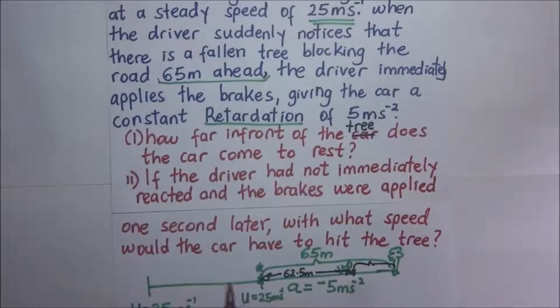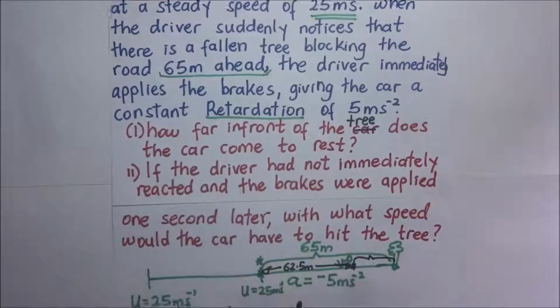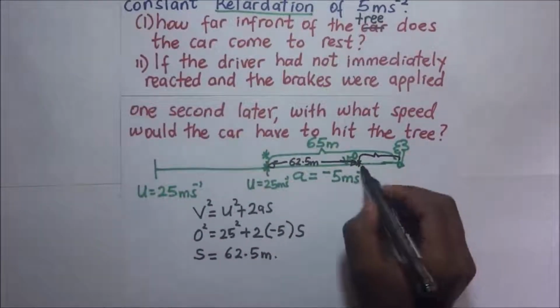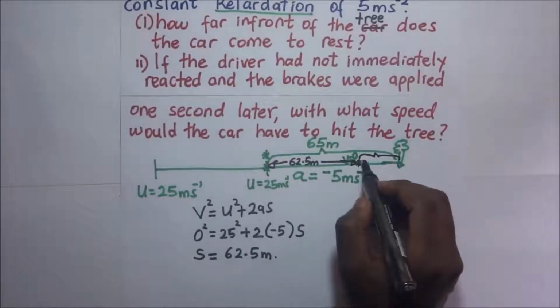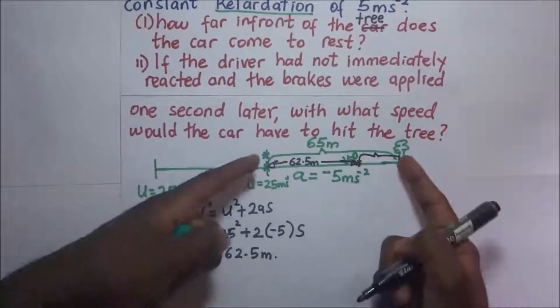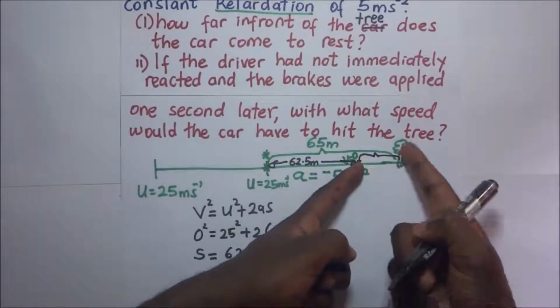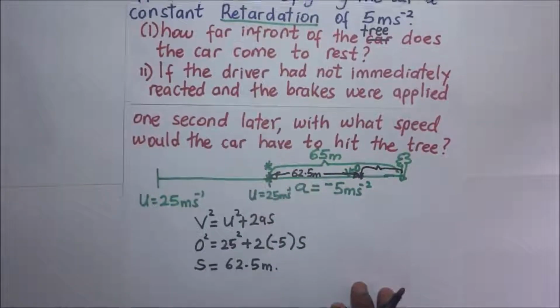But the question is asking how far in front of the tree does the car come to rest? It means we are interested in this remaining distance in front of the tree. So the answer here is going to be 65 meters minus 62.5 meters, to get the distance in front of the tree, for us to answer Roman 1.